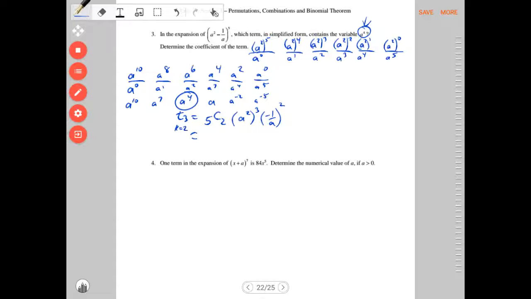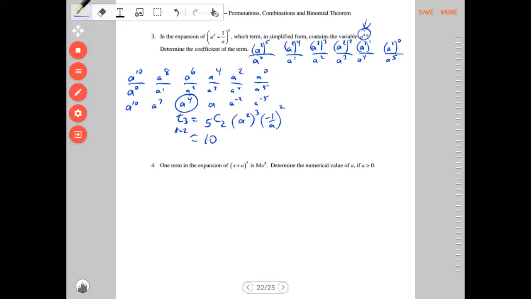So 5 choose 2, that is 10. Then a squared to the third is a to the 6th. Negative 1 squared is just positive 1. And then a squared is just a squared on the bottom. So this whole term works out to 10 a to the 6th over a squared. So that's going to cancel and make 10 a to the 4th.